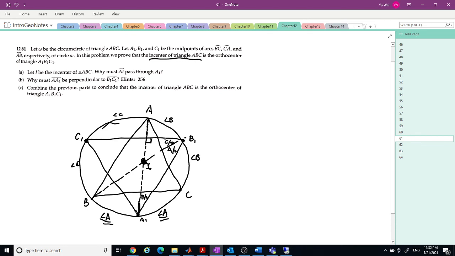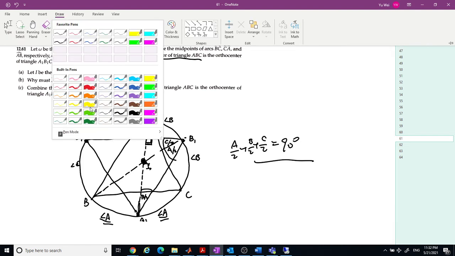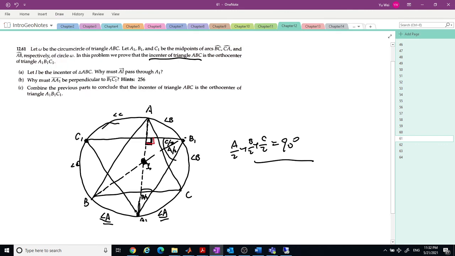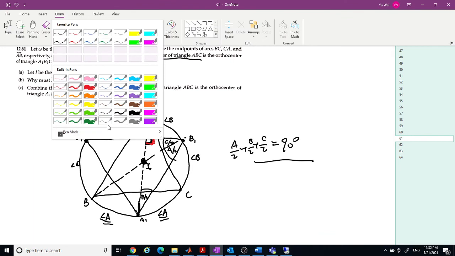So you can see this angle plus this angle is half of A plus half of B plus half of C, which is 90 degrees, which means this is 90 degrees, okay? So here we use angle tracing along the arcs to make it very simple.